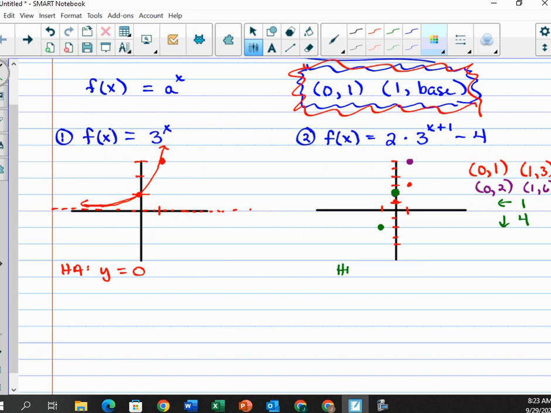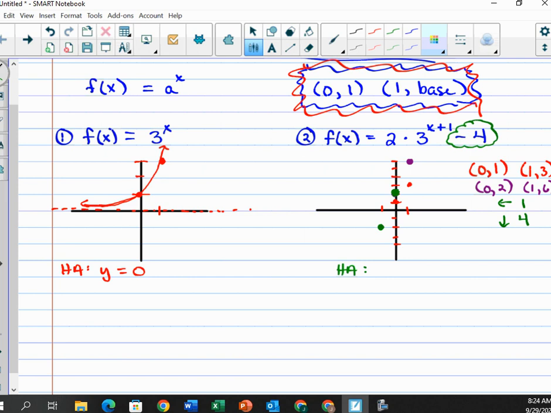Where will the horizontal asymptote be this time? Yeah, Oscar. -2? Not quite. No, it's not -3. Try again. You're getting closer. -4. It is wherever the vertical shift is.